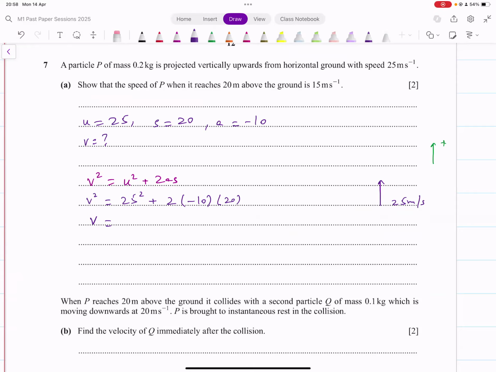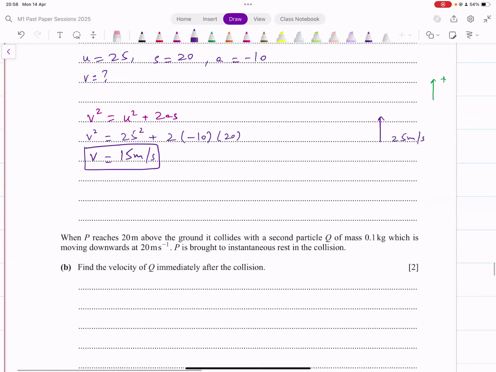Now it could be plus 15 or negative 15, but since we're looking for speed, we just take the positive value, right? The speed cannot be negative. So the value of V is 15. Okay, that's the first part, fairly straightforward. Let's move on to the next one now.